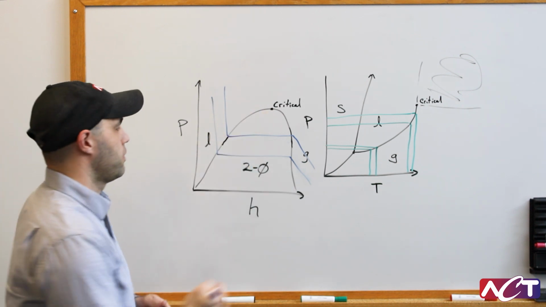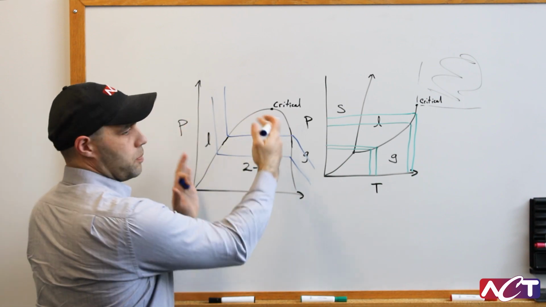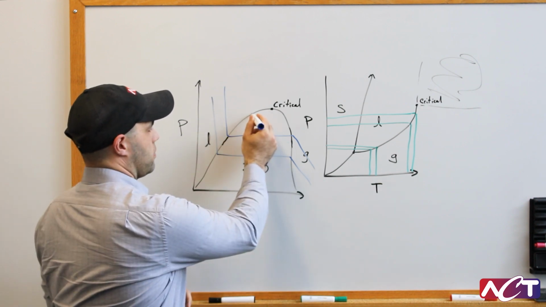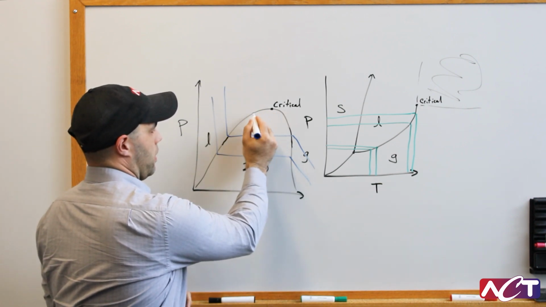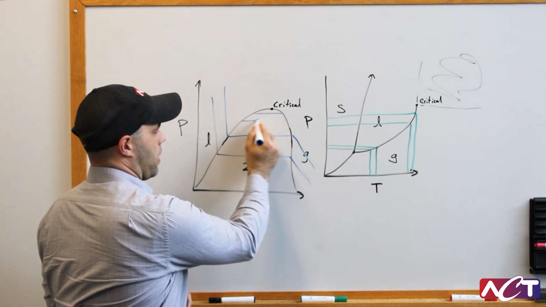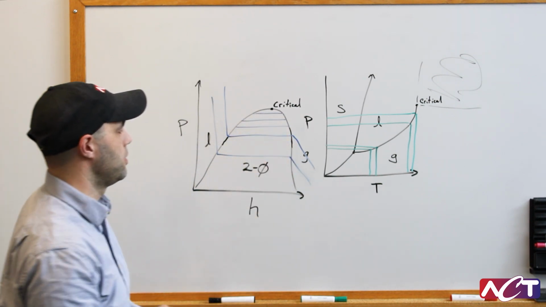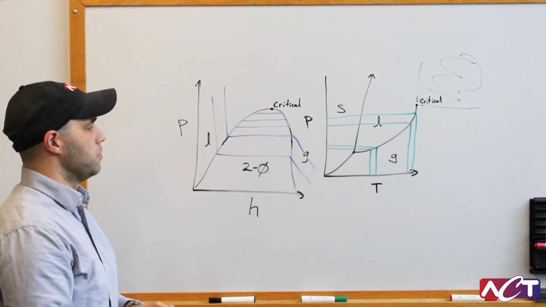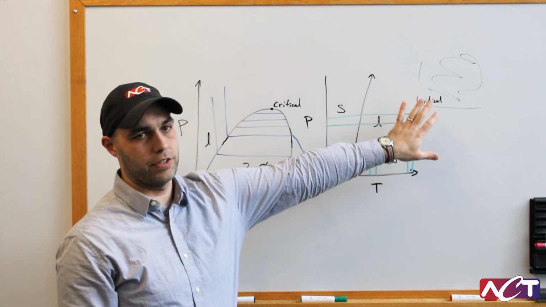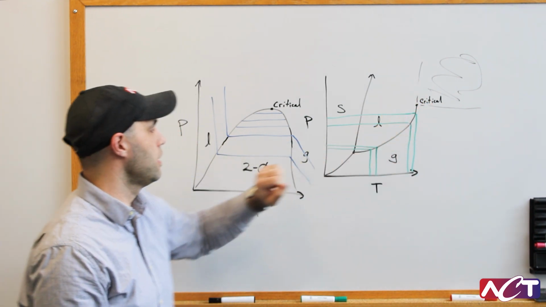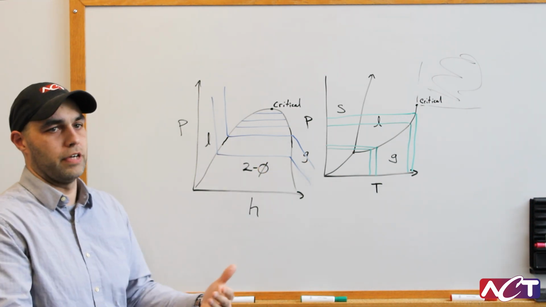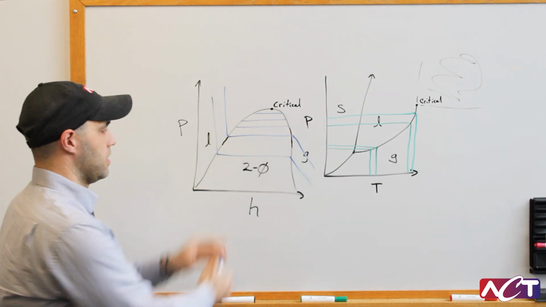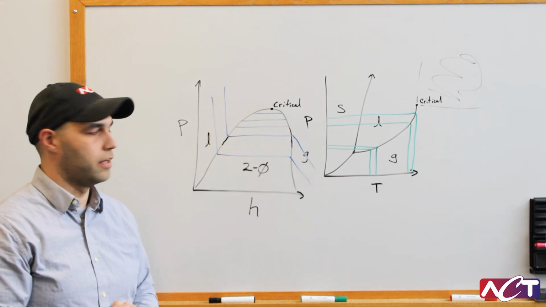As you get very close to that critical point, these domes are differently shaped for every fluid, but it's fairly consistent that the amount of energy that you have at a constant temperature becomes less and less as you get up there. So while we want to be close to the critical point for controllability and heat transfer, the closer you are, the more flow rate you'll have to supply, because you'll have less latent heat. The distance here is called the latent heat of vaporization.